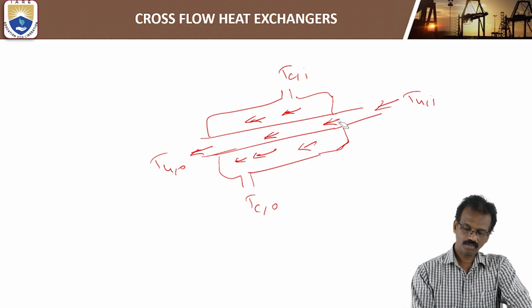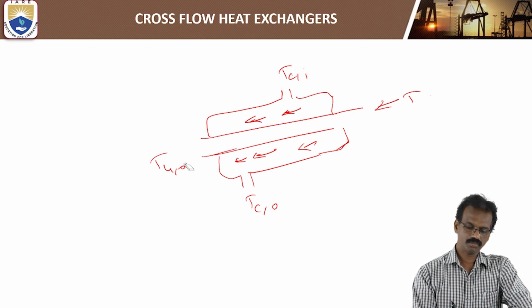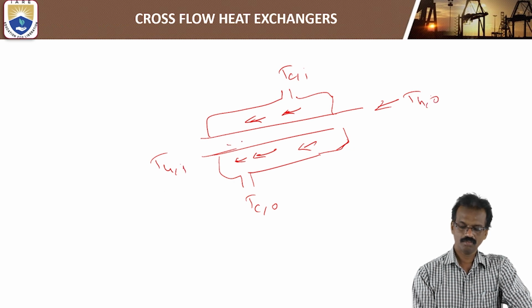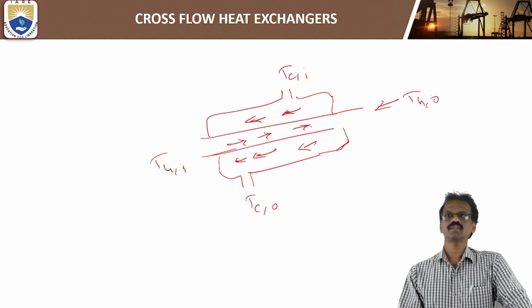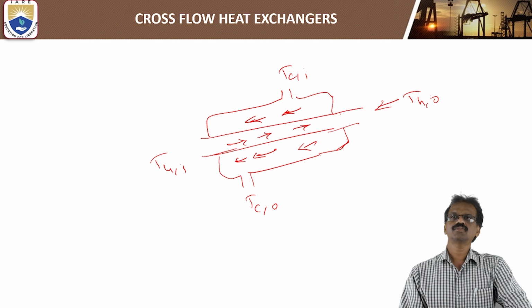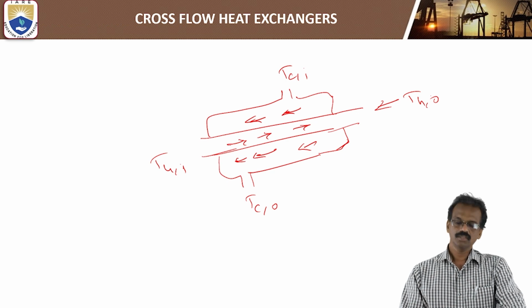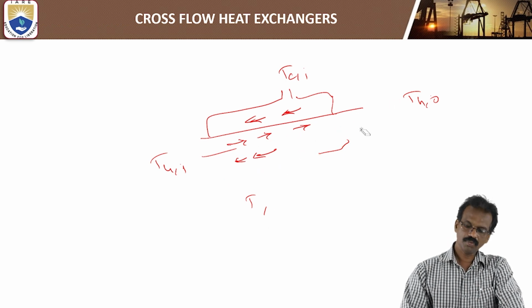But in the case of the counter flow heat exchanger, the directions are opposite: hot fluid inlet and hot fluid outlet, as we already discussed in previous classes. Both are parallel to each other but in opposite directions. So in double pipe heat exchangers, we prefer either parallel flow or counter flow. Now we'll see cross flow heat exchangers.